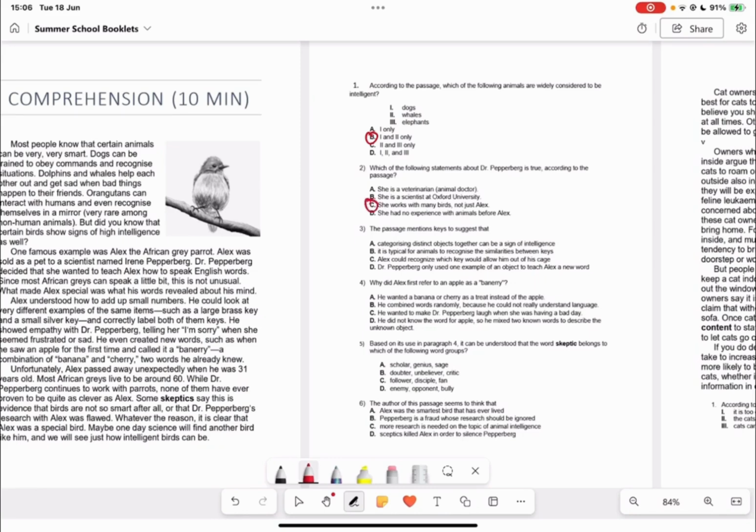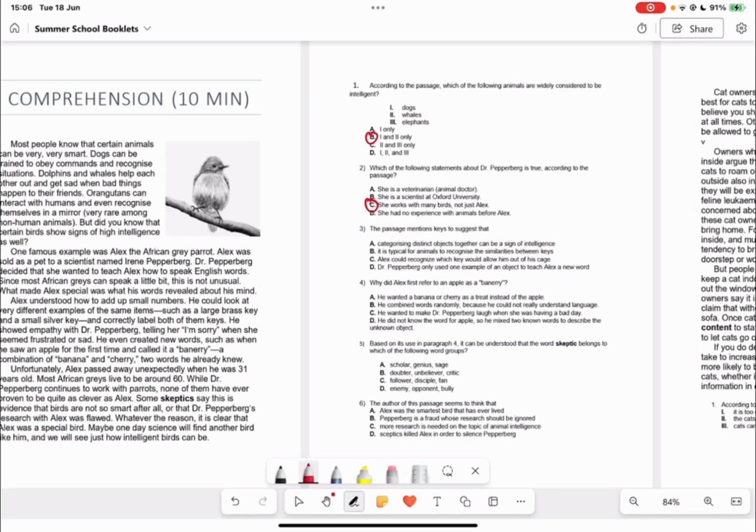Number 3. The passage mentions keys to suggest that categorizing distinct objects together can be a sign of intelligence. It is typical for animals to recognize the similarities between keys. Alex could recognize which key would allow him out of his cage. Or Dr. Pepperberg only used one example of an object to teach Alex a new word.